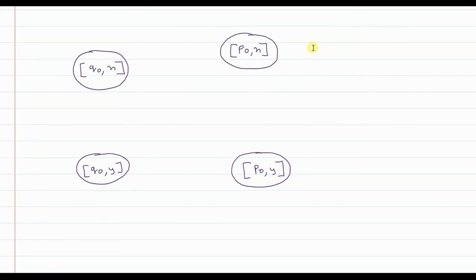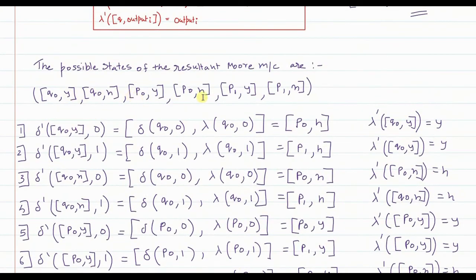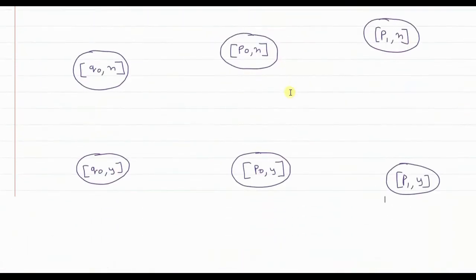Keep spaces so that the arrows will not overlap. P naught n, and then we will have P1 n. P1 n will be one of the states, and P1 yes will be another state.